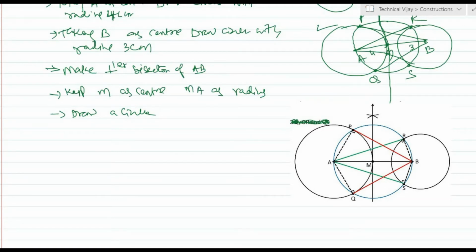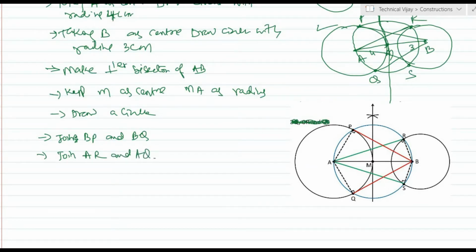After this we get the intersecting points P, Q, R and S. The tangents will be drawn from the center of the other circle, that is from point B to P and B to Q. Join BP and BQ. Also join AR and AS. So these are the tangents.